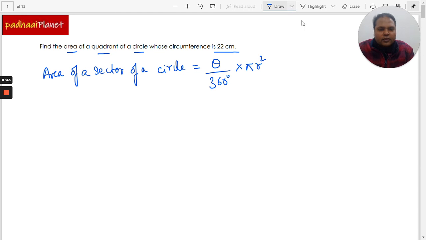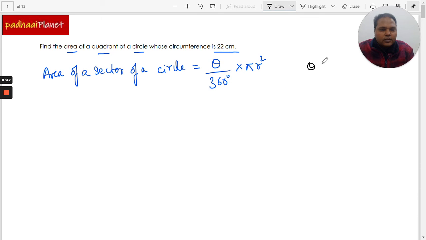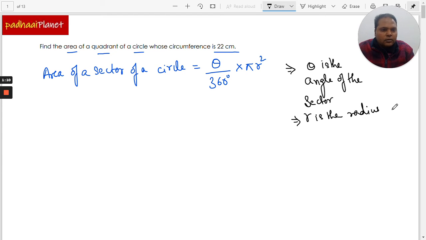Here theta is the angle of the sector, and r is the radius of the circle.